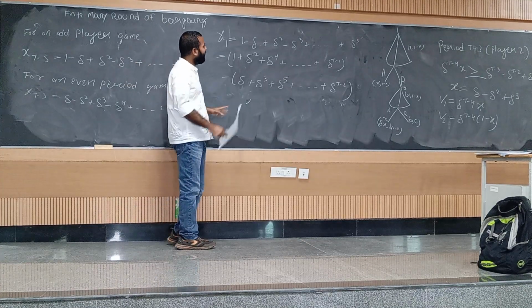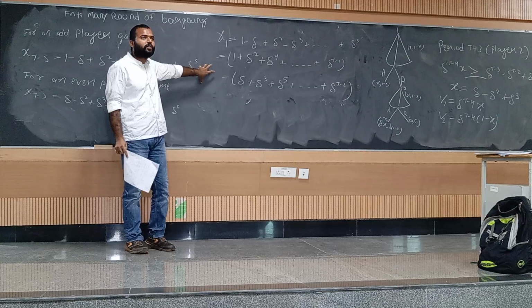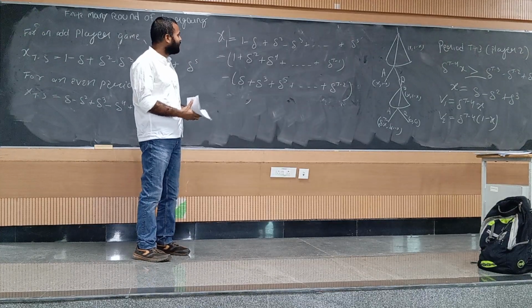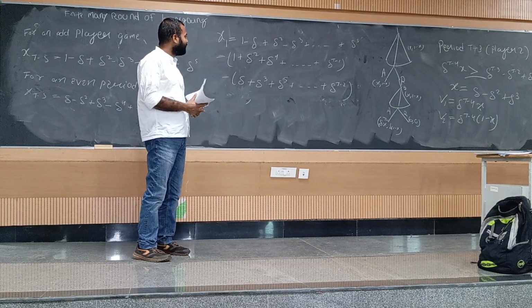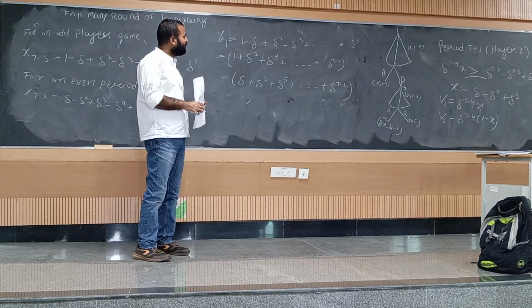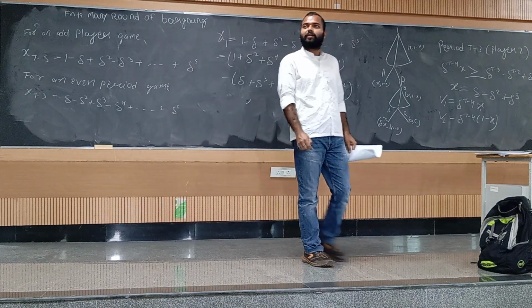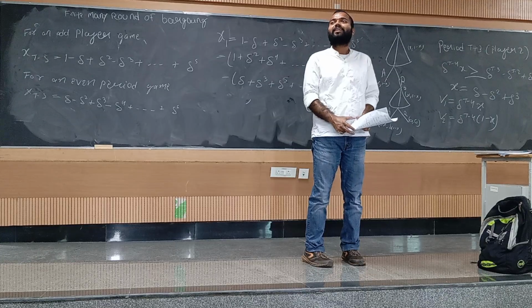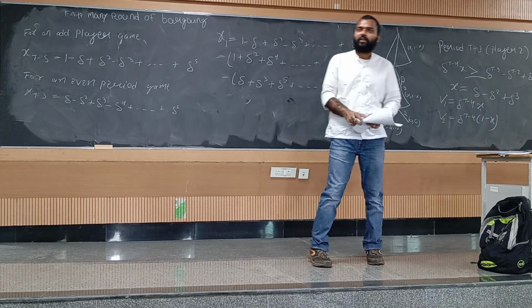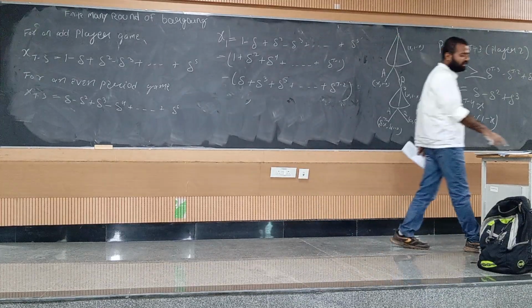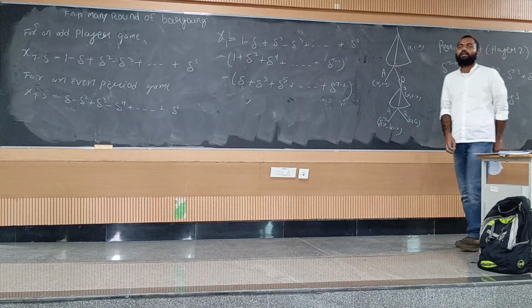Now can you find out the value of x? First of all, you tell me what pattern you are following, just by looking at the equation. Who said GP? Right. You're following this pattern: a, ar, ar square. So what is the sum of a GP?